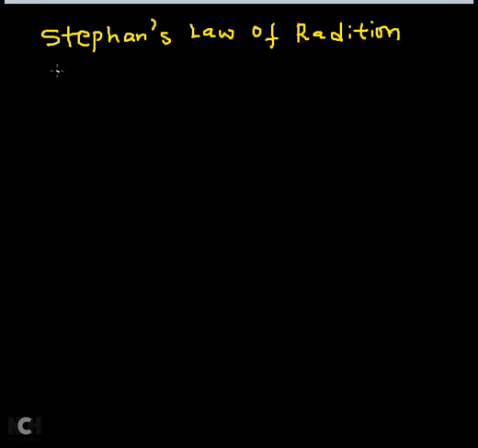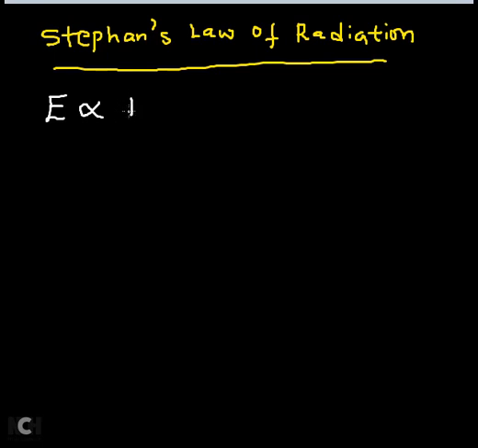So according to Stephan's law of radiation, he said that the rate at which a black body radiates energy per unit area is directly proportional to the absolute temperature of the black body raised to the power of 4.